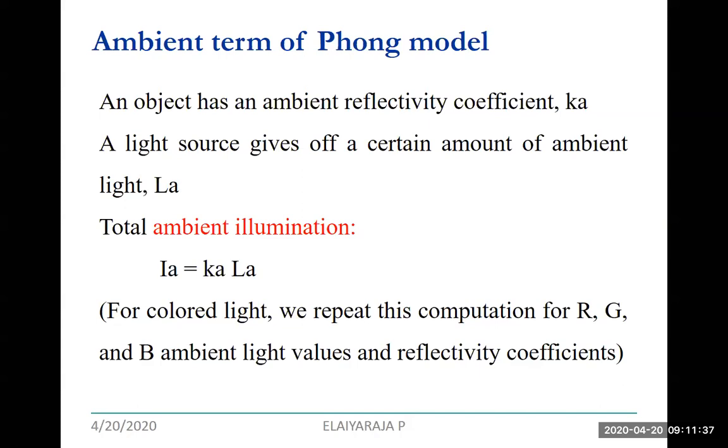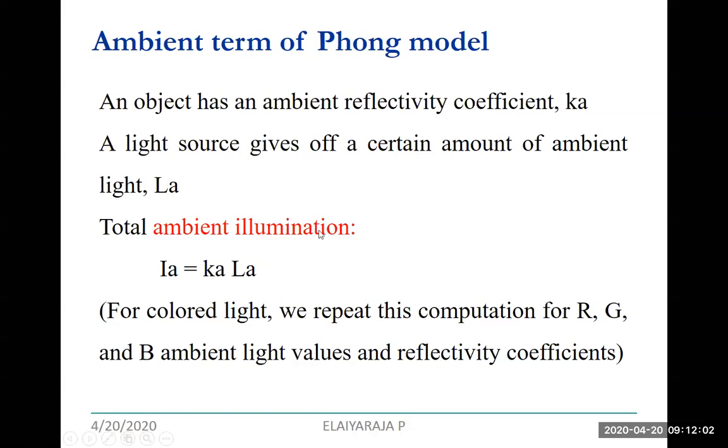Ambient term of the Phong model, what are you going to calculate? You are going to calculate the intensity of the light. The object has an ambient reflectivity coefficient, that is Ka. A light source gives off a certain amount of ambient light, that is La.